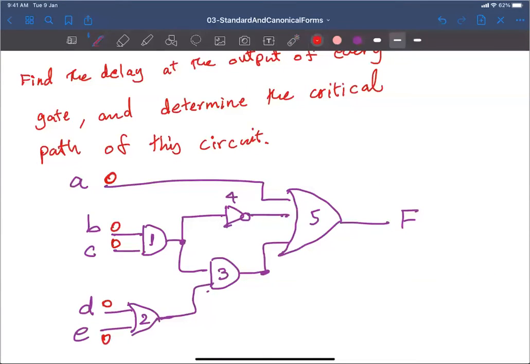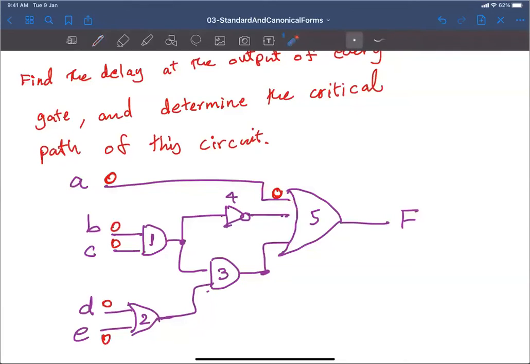Now this 0 is for all of this wire here. So the delay at this input of the big OR gate is how long? It's 0 as well. Now we are ready to calculate the delay across this AND gate.